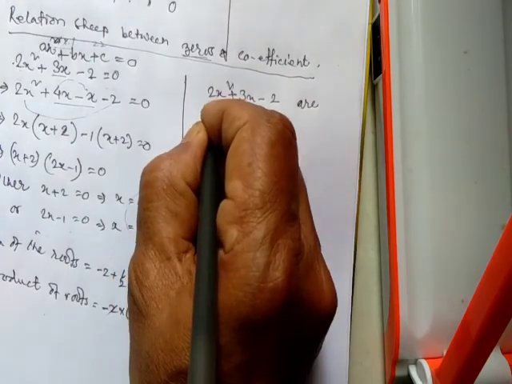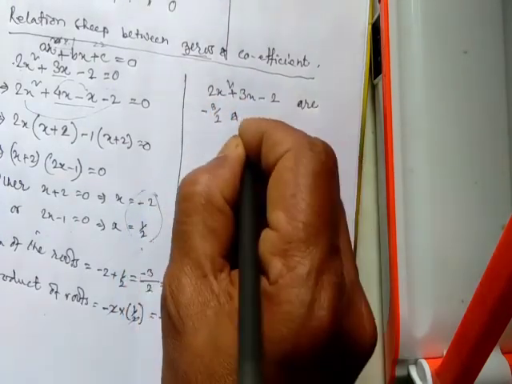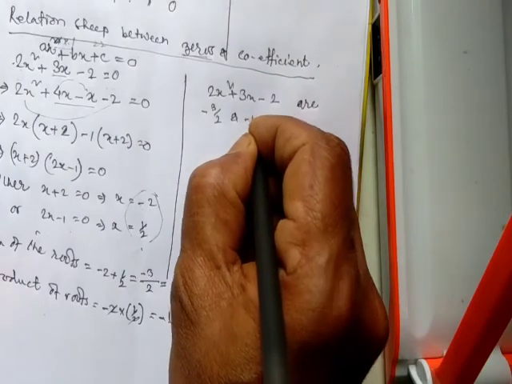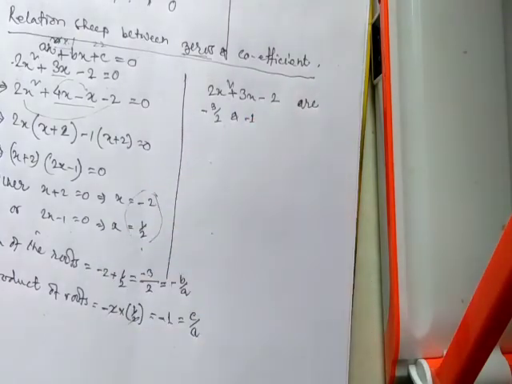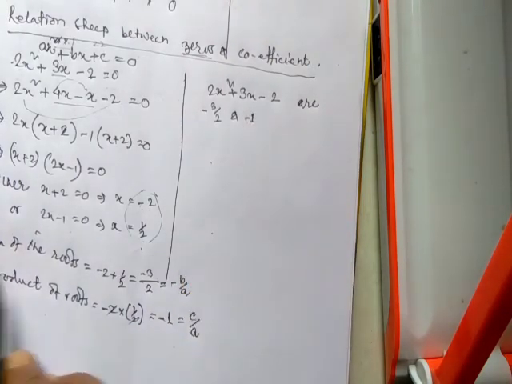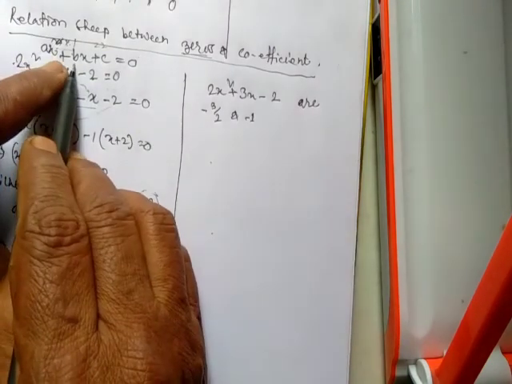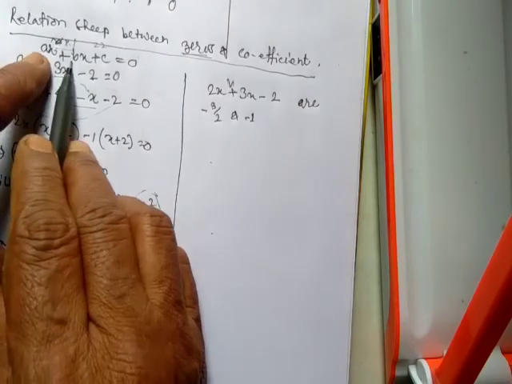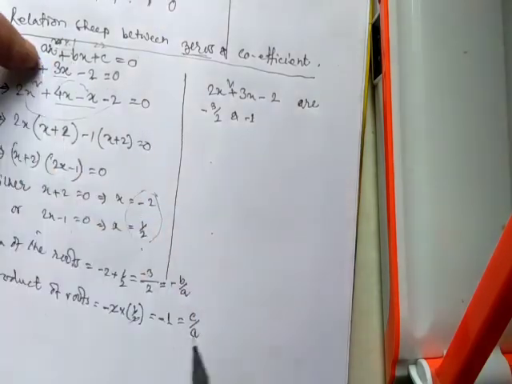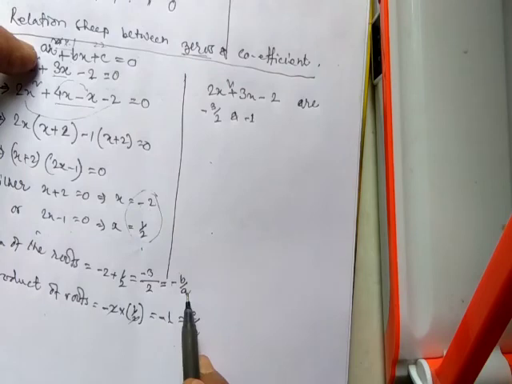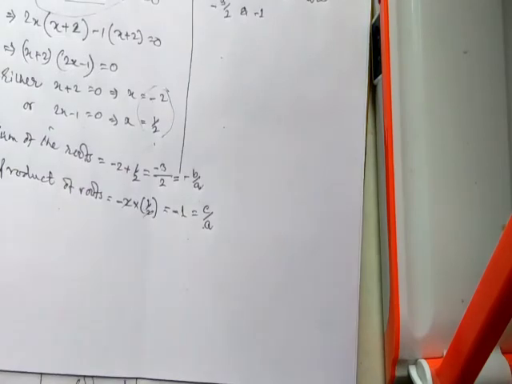Minus 3 by 2 and minus 1. These two are the zeros of this polynomial. And we have seen that the sum of the zeros is minus b by a. So this is the relationship between the zeros and the coefficients.